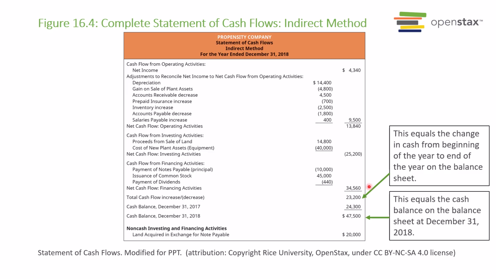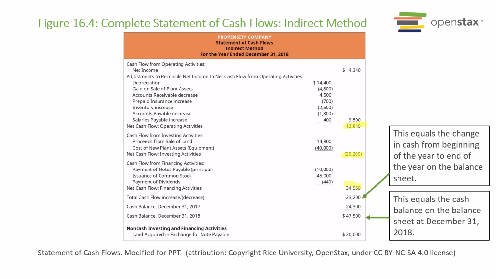Now we take those three items, the three net cashes, and we're going to add them up. And when you add a negative number, that's a subtraction.